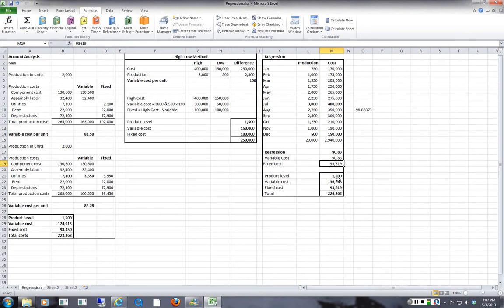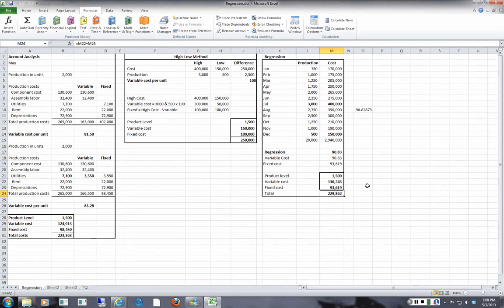So now we take our 1,500 production level, and we've got the variable cost. We take that $90.83 and multiply it by our 1,500, and we get $136,243. Then we take our fixed cost and put it down here and add them together, and we get $229,862. So you can see this is a little different, but it's more accurate.